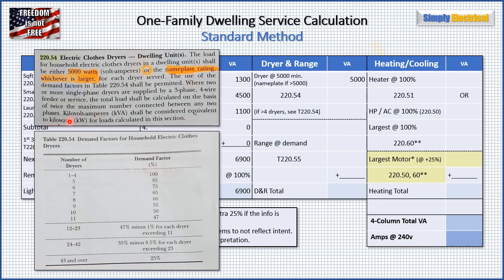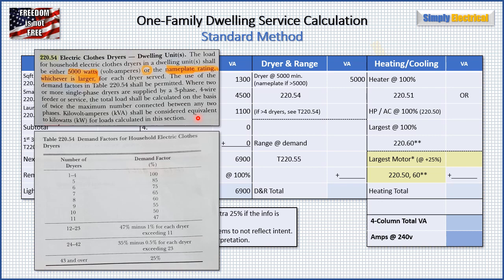Last thing it says here is kVA shall be considered equivalent with kW for loads calculated in this section. So watts or voltamps, they're treating them as equivalent. And actually that goes the same for all these calculations. VA versus watts, you're going to come out with the same number no matter what you call it in a service load calc.